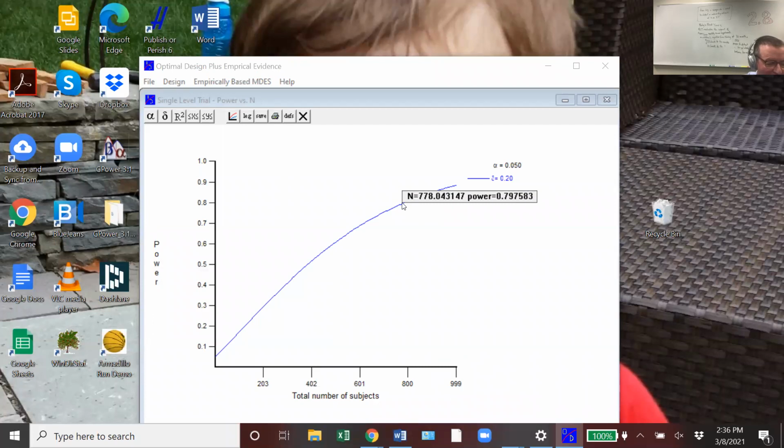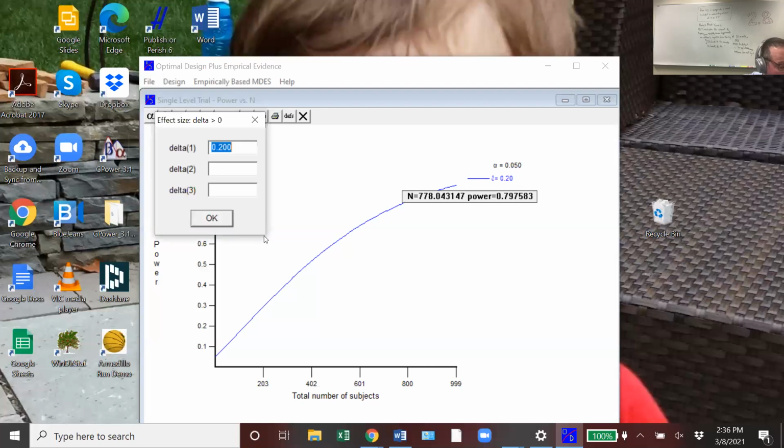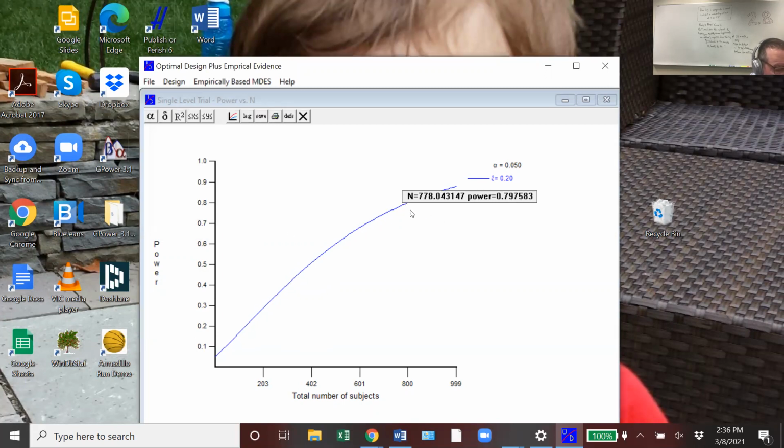Very close. 0.797 power. And here you go. Here's the 778 that we saw before. Right, if we had set this at 0.1, what was it, 0.196, 0.198, 0.198, right? It shifts around a little bit.